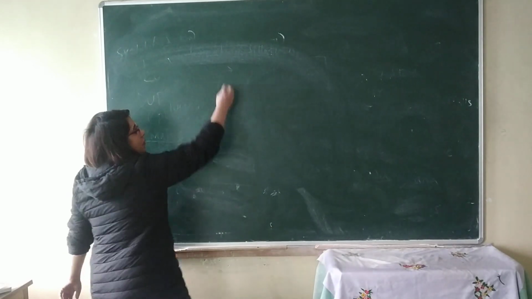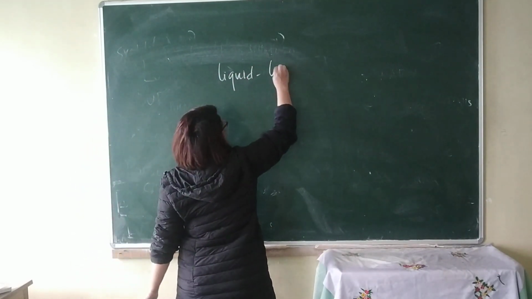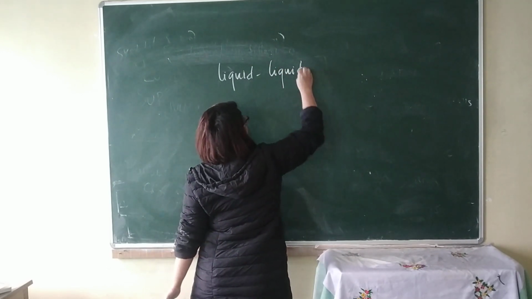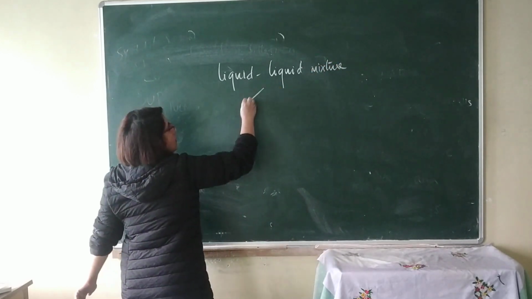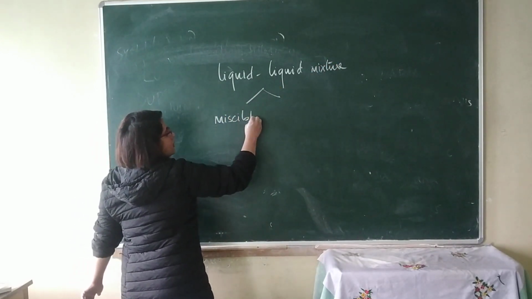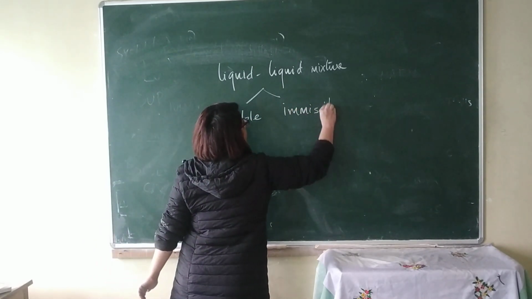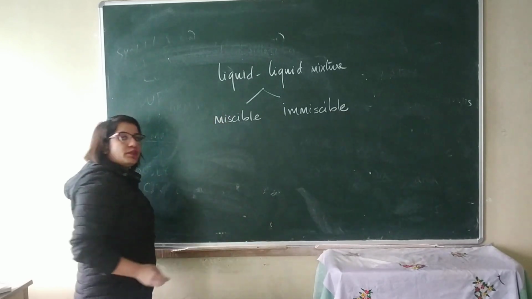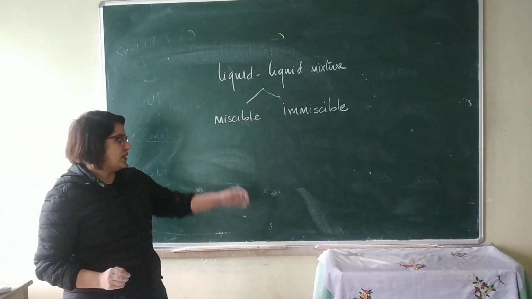Now, a liquid-liquid mixture may be of two types: miscible liquids and immiscible liquids. What do we mean by miscible and immiscible liquids?